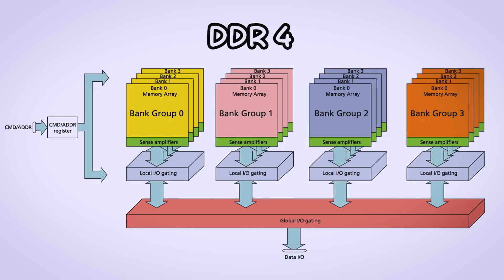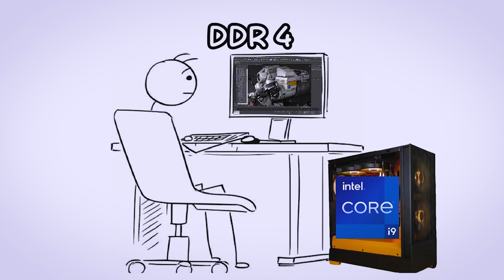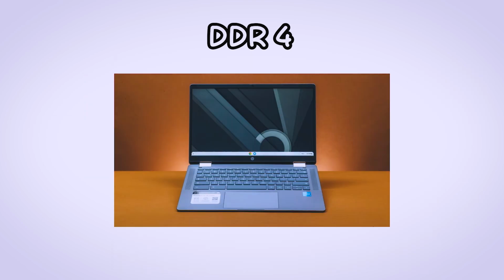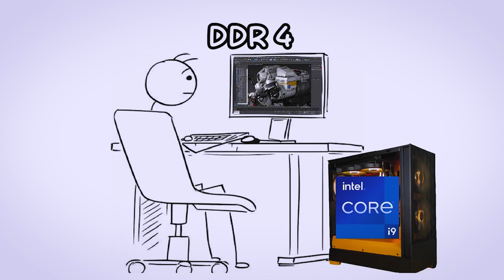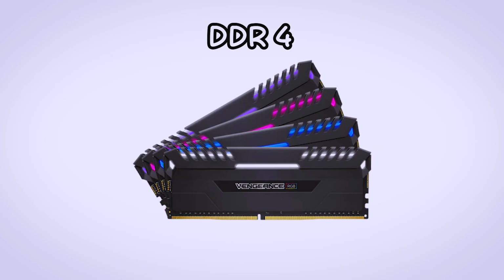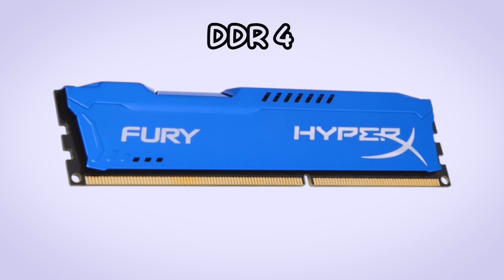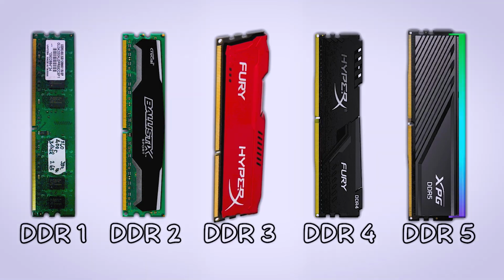DDR4 introduced bank groups, which improved efficiency by allowing the memory controller to access multiple areas simultaneously. This matters more than raw speed for certain workloads. You'll find DDR4 in everything from budget laptops to high-end gaming rigs and professional workstations. The longevity of DDR4 mirrors DDR3's dominance, partly because the performance gains satisfy most users' needs.